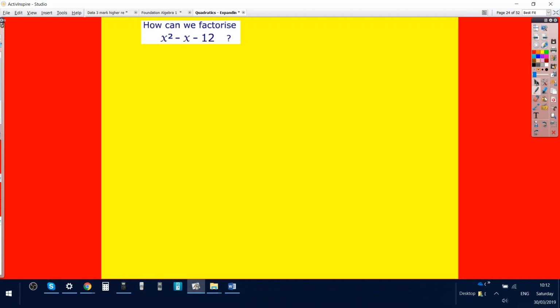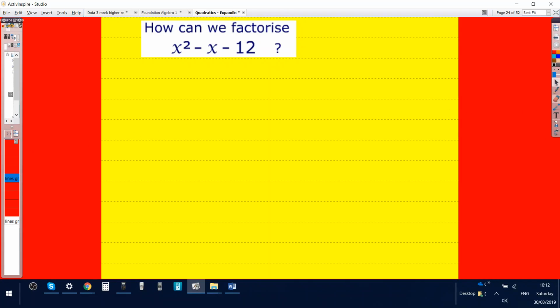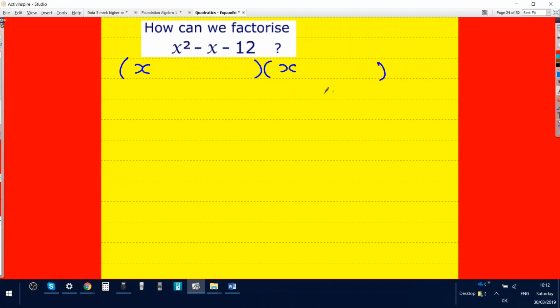How about this one? Okay. So there would definitely be x. There would definitely be 2 x's, one in each bracket. So then you have to find something that times together to get 12. So that would be 4 and 3.